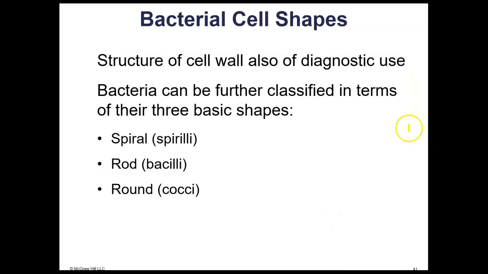After we decide if bacteria are gram-positive or gram-negative, we can also look at their shape. If they have a spiral shape, then we call them spirilli. If they have a rod shape, an individual rod-shaped bacterium is called a bacillus. Plural is bacilli. If they have a round shape, singular is coccus and plural is cocci.